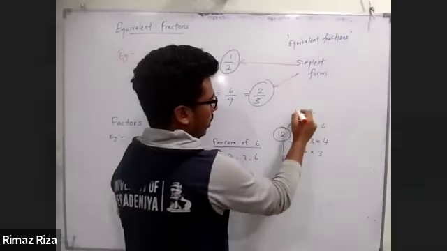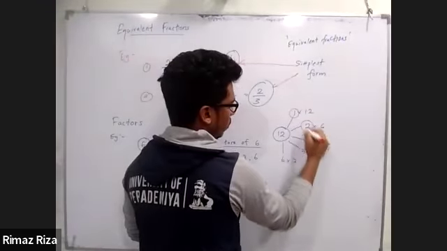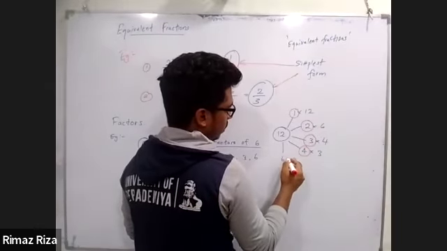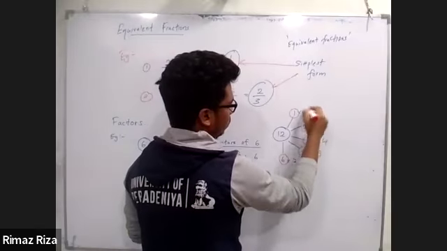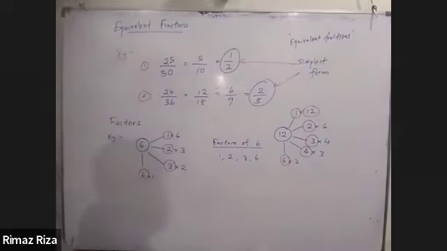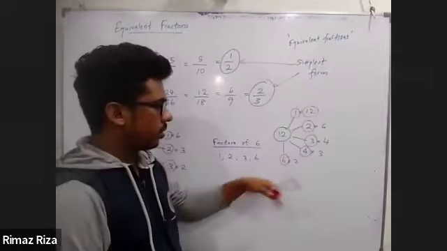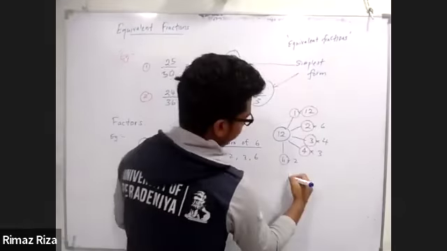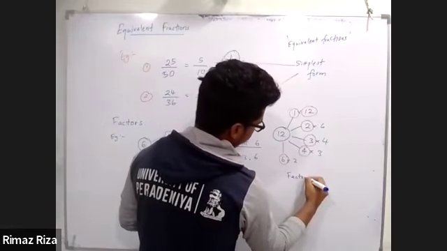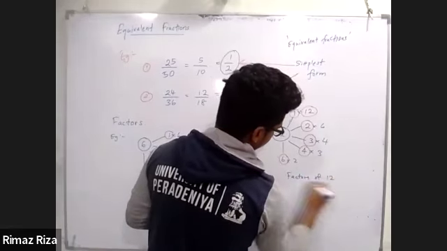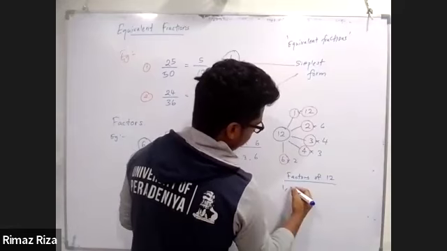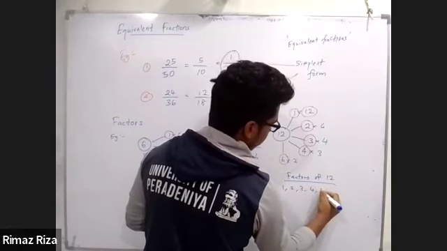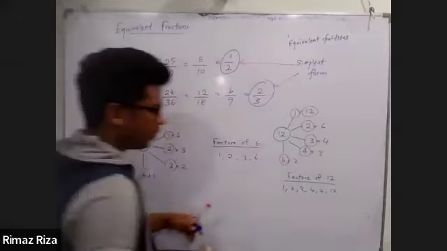So we have different numbers 1, 2, 3, 4, 6, and 12. The different numbers we can see in this. So therefore, factors of 12 are 1, 2, 3, 4, 6, 12.